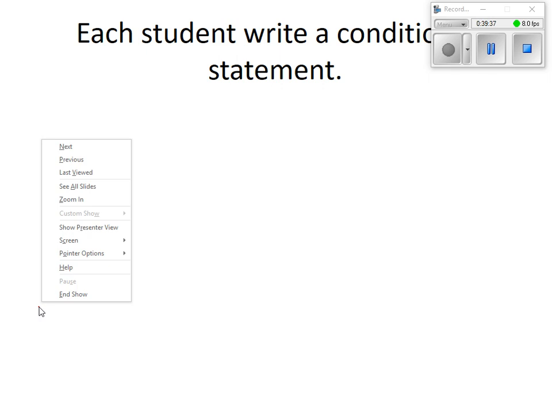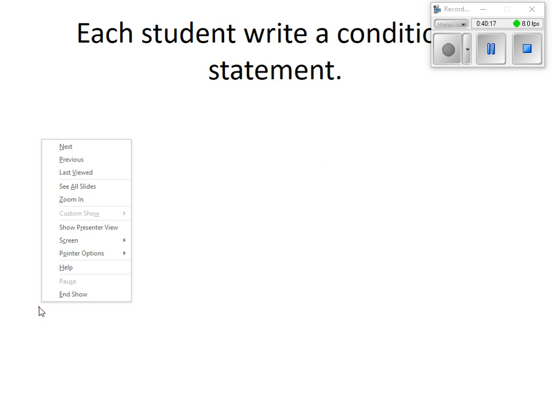So put it in the if and then form. Yeah, you could use that word. I don't care. Put it in if and then form. Write down one for me and I'll walk back here and I'll read it for you. Make up something.